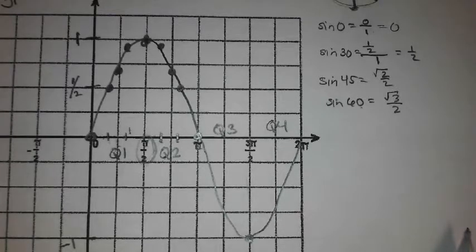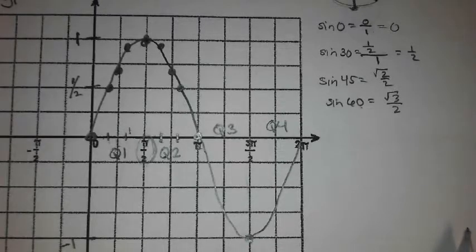Yes? Okay? So what we see on this one, and I did it on the sine graph on your paper, put your cosine quadrant. Here's Q1. Here's Q2. Here's Q3. And here's Q4.